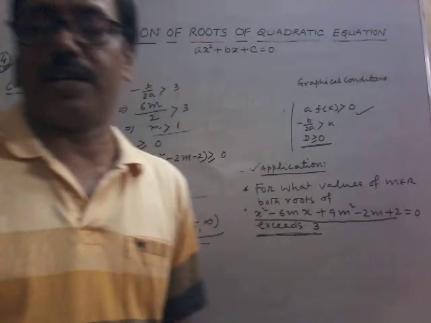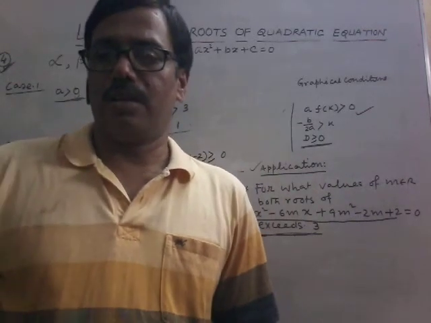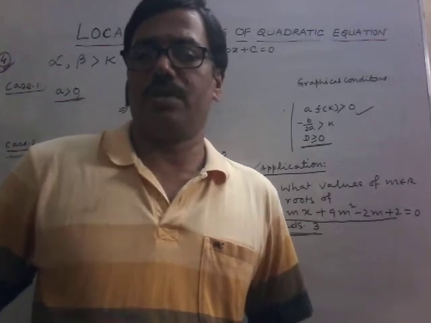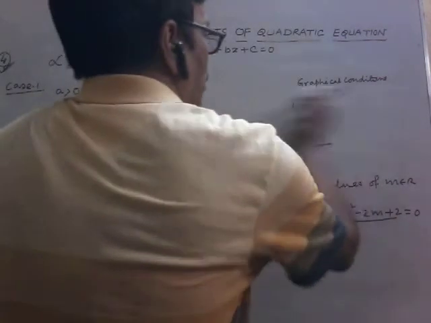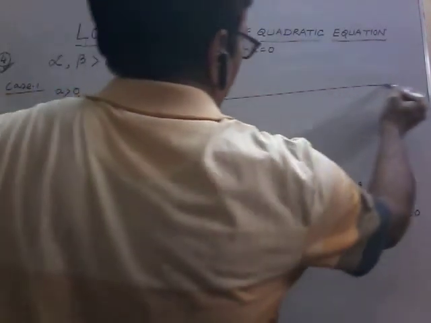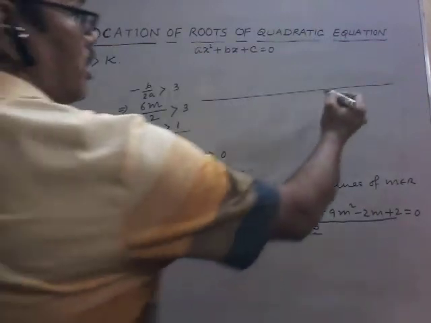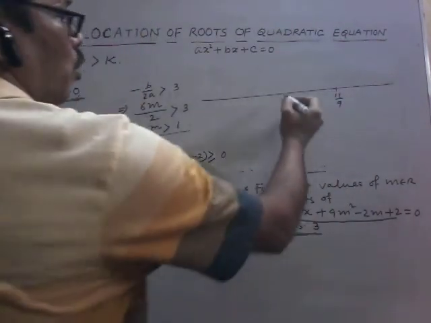So we are getting 3 cases. Now you have to take the common region. What will be the common region? Look at the figure. One value is 11 by 9, one value is 1.